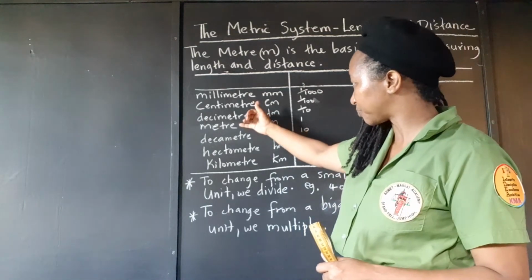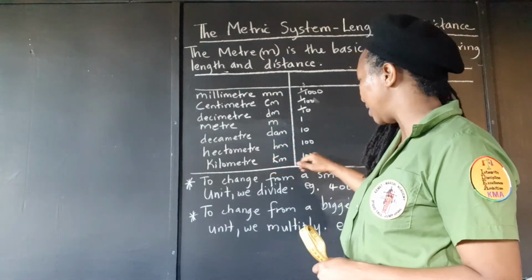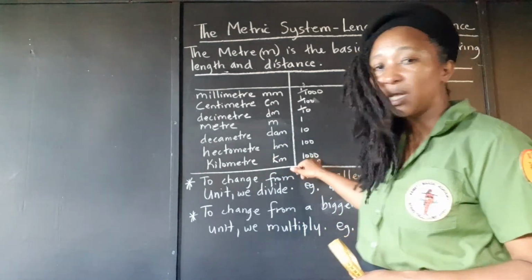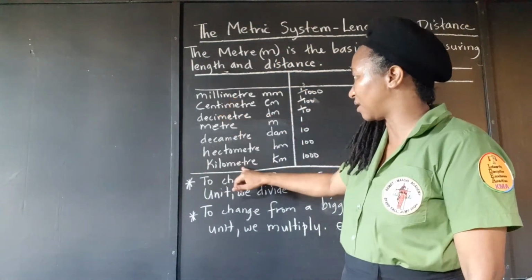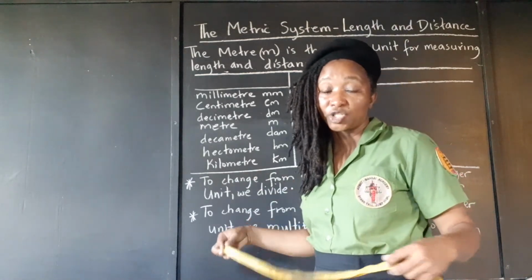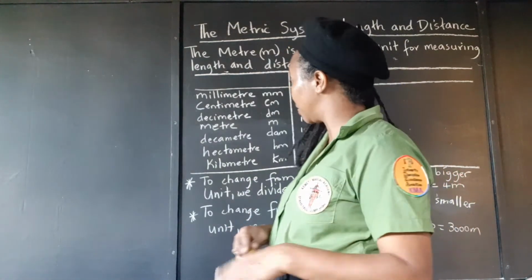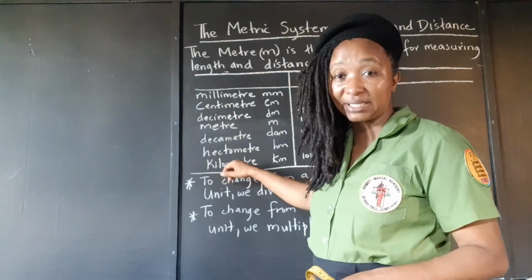Moving from the meter to the kilometer, it would be 1,000. But let's say the centimeter to the kilometer. How many places would that be? Changing from centimeters to kilometers, it's 1, 2, 3, 4, 5 places.